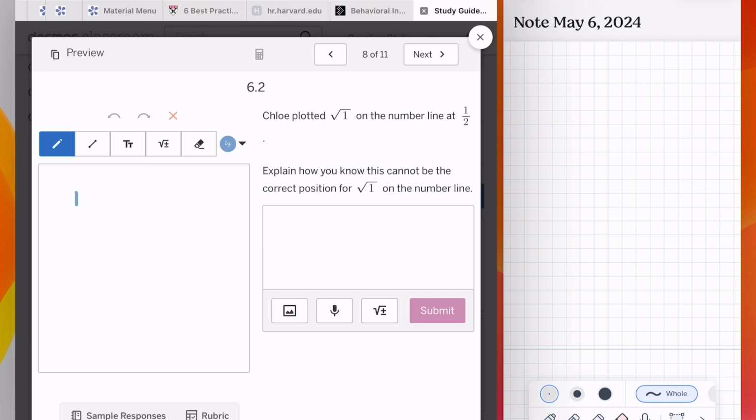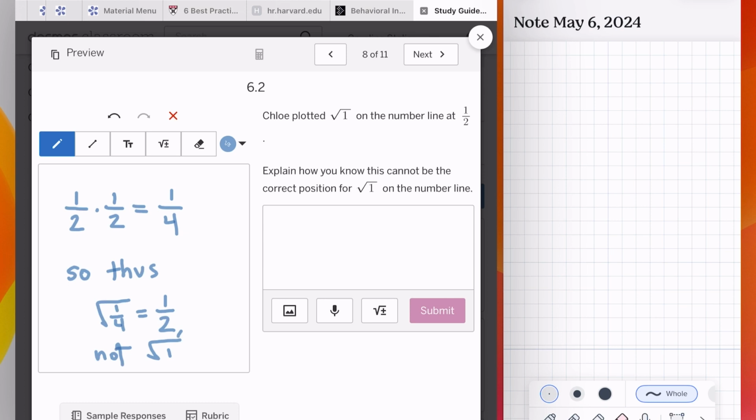So what we can do is we can say 1/2 times 1/2 is going to be 1/4. So thus, it would be like the square root of 1/4 is equal to a half, not the square root of 1.